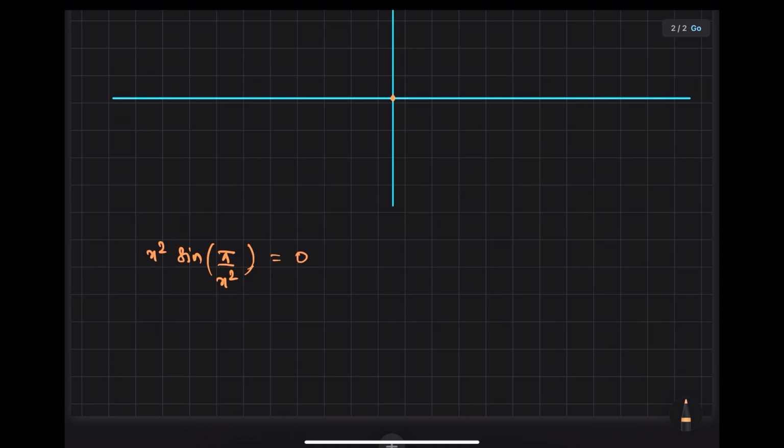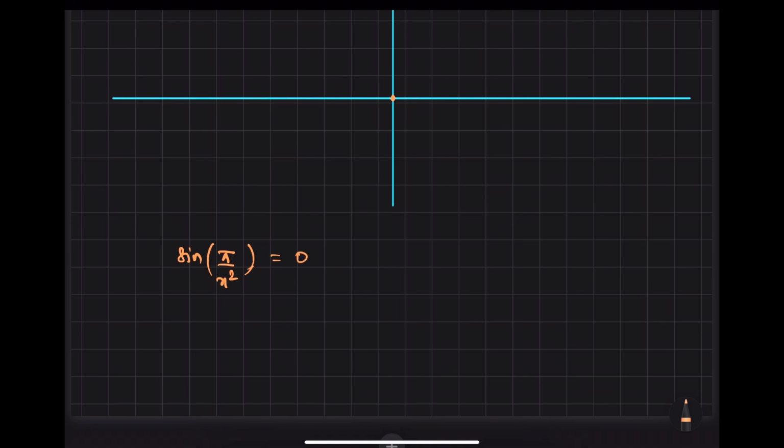Now, do you think x can be 0? No, because you are talking about after x equals to 0. So x will be a positive number, so it can never be 0. So can I divide both sides by x square?